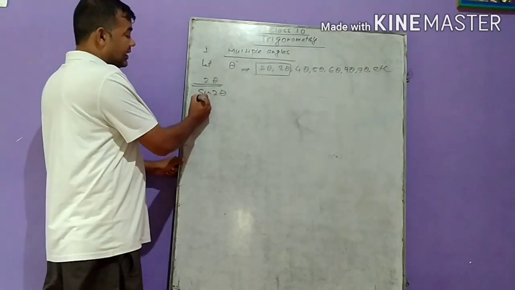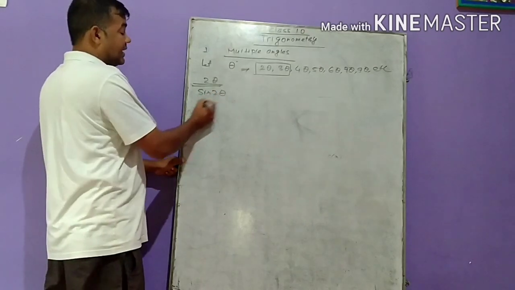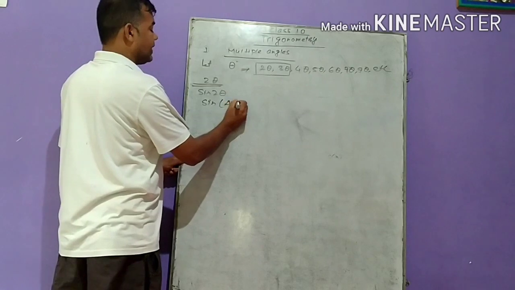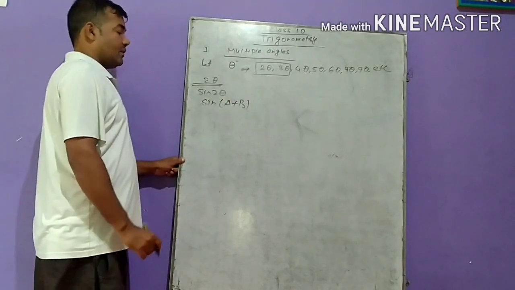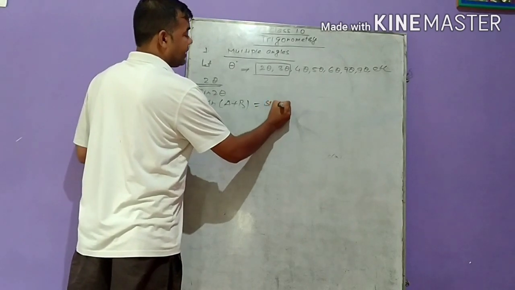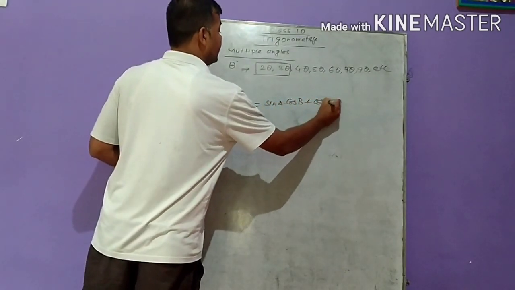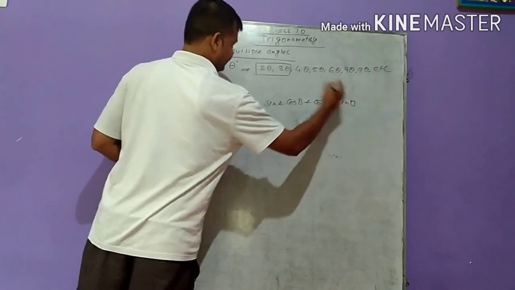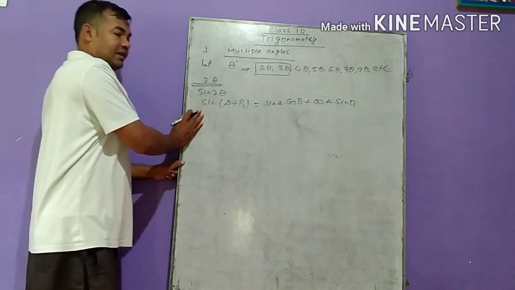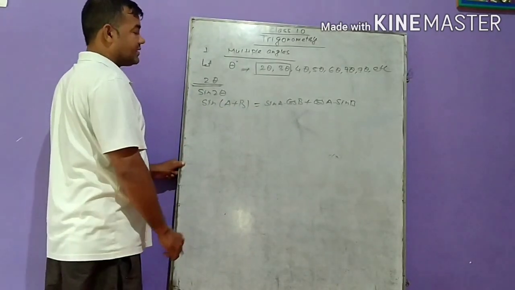And to derive the relation, or you can say to define sine 2 theta, we have to use the identity sine A plus B. We have studied that sine A plus B means sine A into cos B plus cos A into sine B. I think all of you understand this relation.